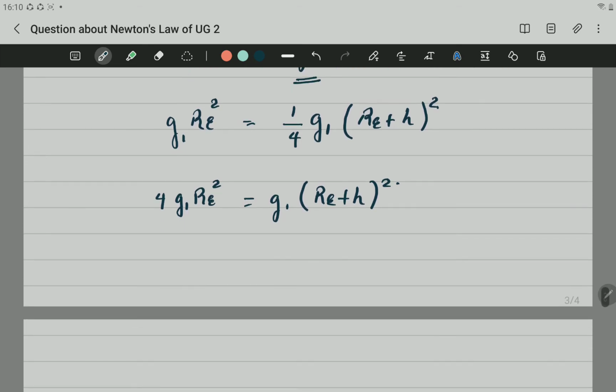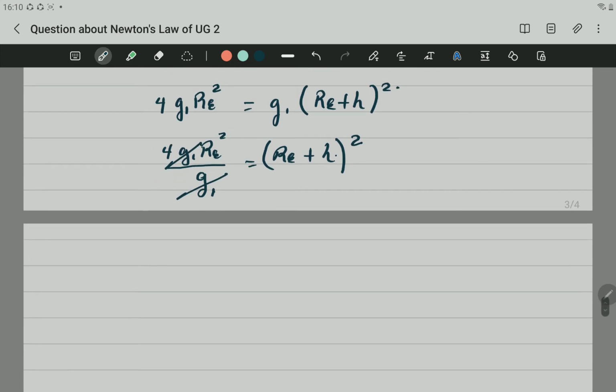If we move now the acceleration due to gravity to one side, we have that 4 multiplied by g1 multiplied by the radius of the Earth to the power 2 divided by the acceleration due to gravity, I move it to the other side, is equal to the radius of the Earth plus the height at which the satellite is located, to the power 2. And this g is gone. They simplify each other.